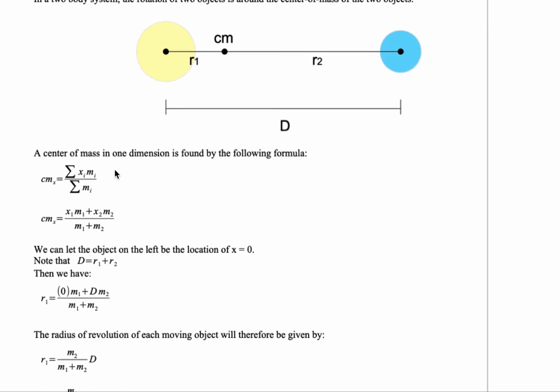And so it says here that a center of mass in one dimension would be given by what we had done in the past, which is just multiply the position of the one object times its mass, and the position of the other object times its mass, and then divide by the total mass.